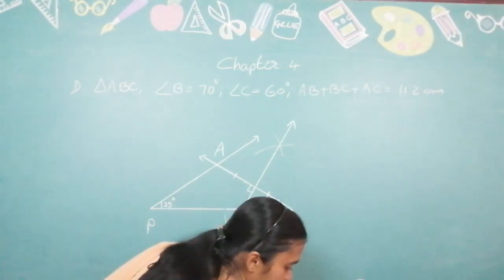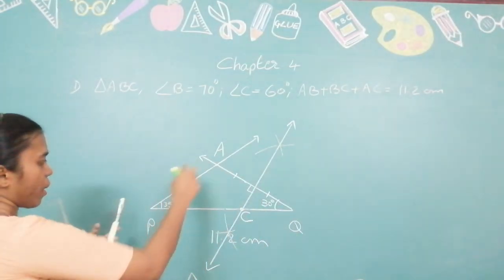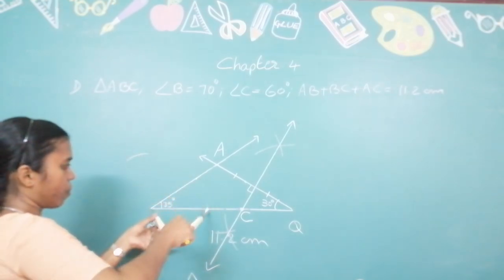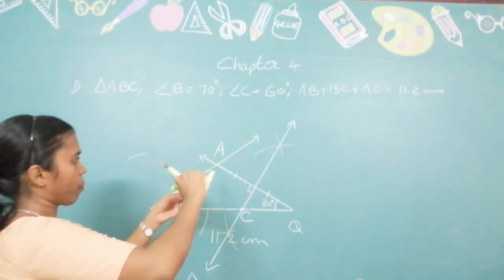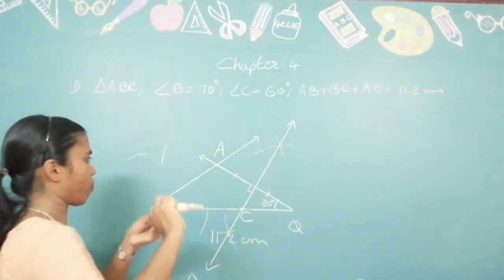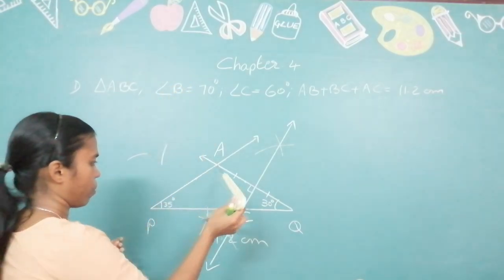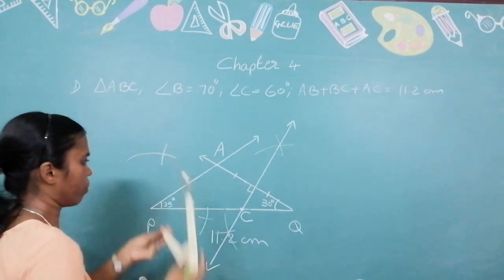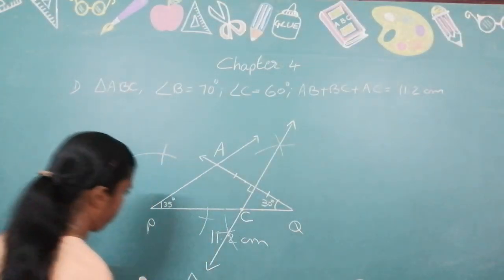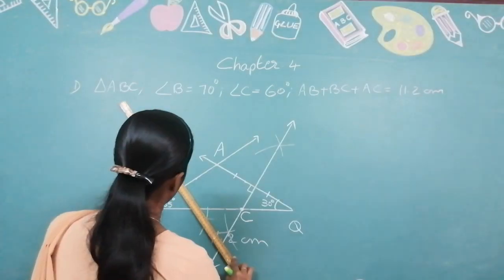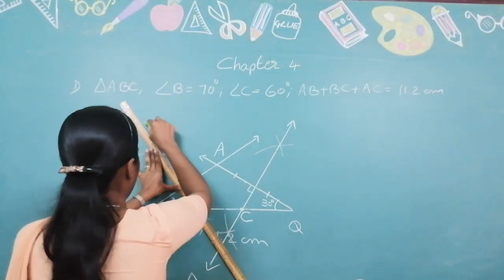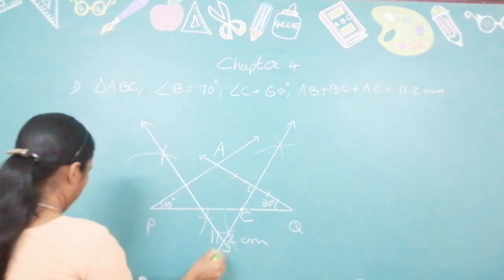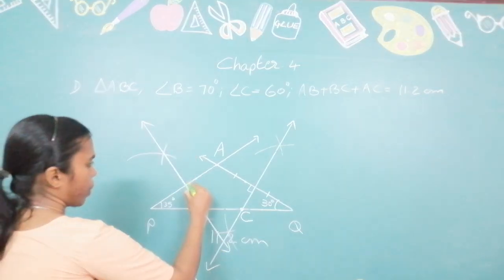Now we have to draw the perpendicular bisector of AP. This is the perpendicular bisector.